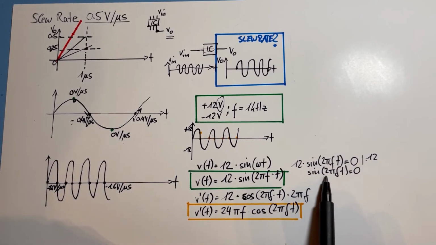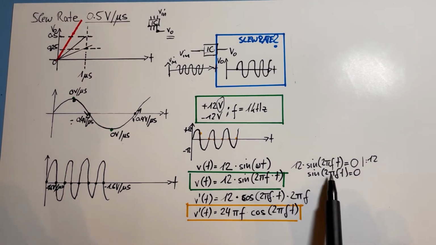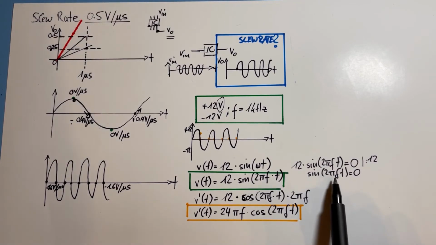Now the question is, when is the sine of something 0? The answer is, if the argument of the sine is a multiple of pi.